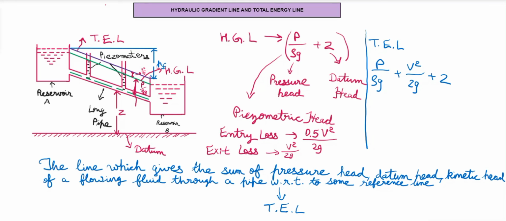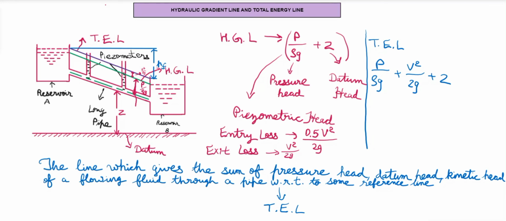This way, whenever you are asked in an exam, you will have to create a diagram like this. You'll have to represent everything in the diagram like Z, P by rho g, V square by 2g, the hydraulic gradient line, total energy line, piezometers, then the frictional loss, everything, and then you will define the hydraulic gradient line and total energy line.